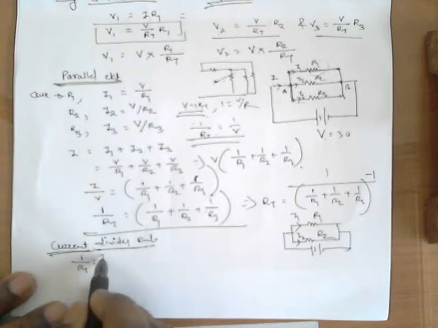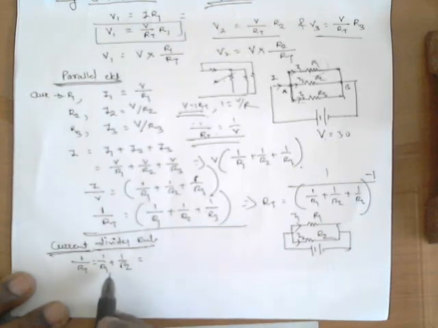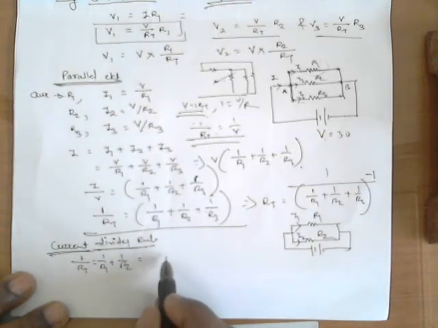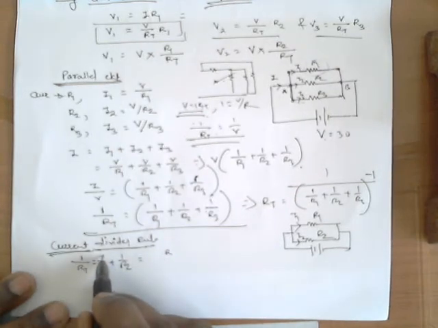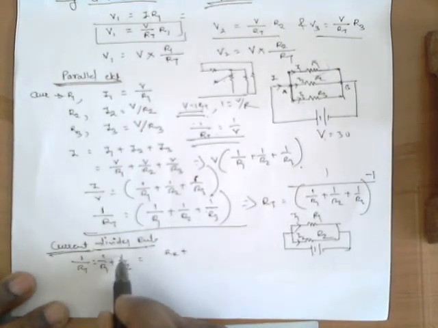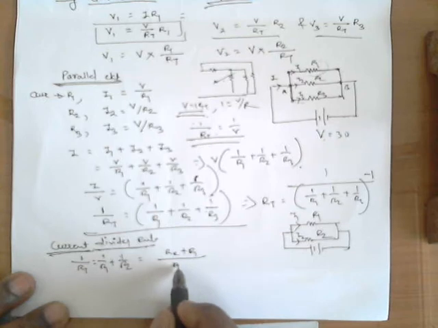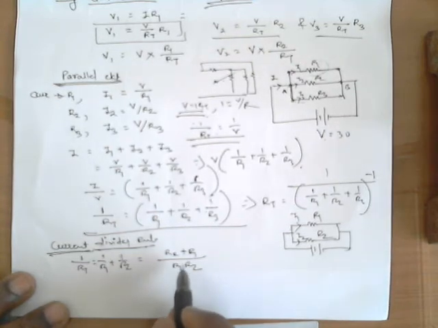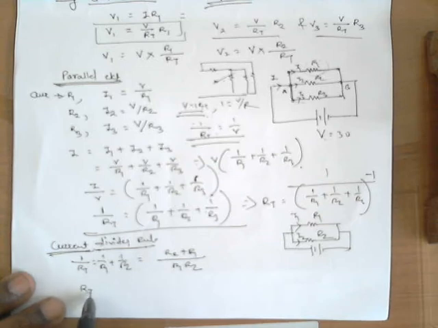Now what is the total resistance? 1 upon RT equal to 1 upon R1 plus 1 upon R2. How is it to be solved? We have to equate the denominators. So multiply here by R2 and multiply here by R1, divided by the multiplication of both: R2 plus R1 upon R1 R2. So this is 1 by RT, right?